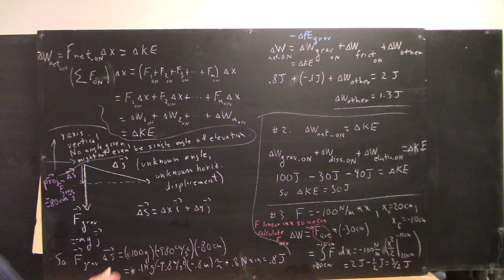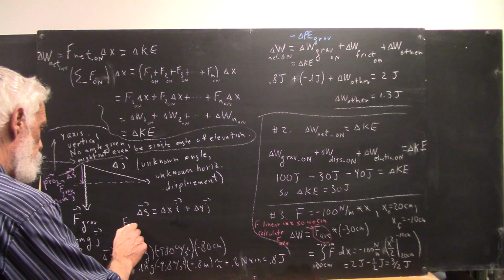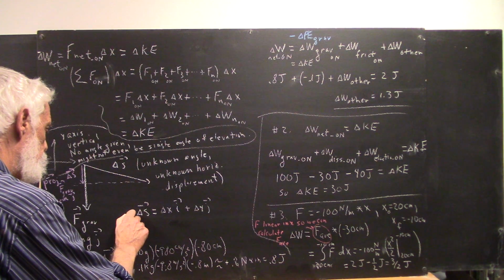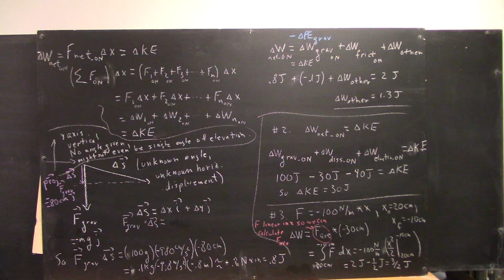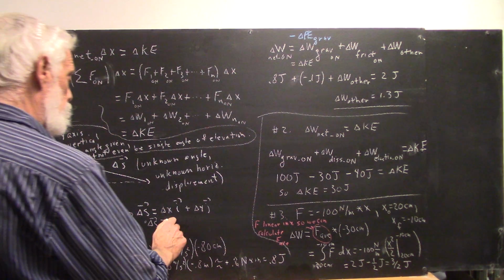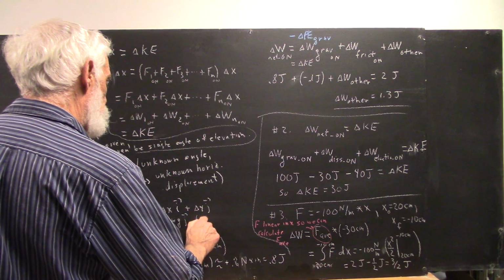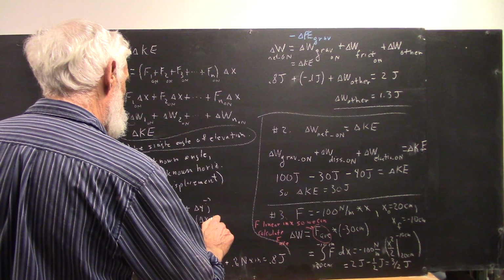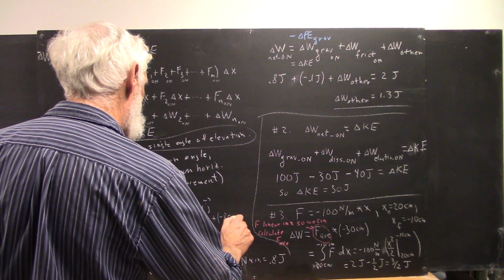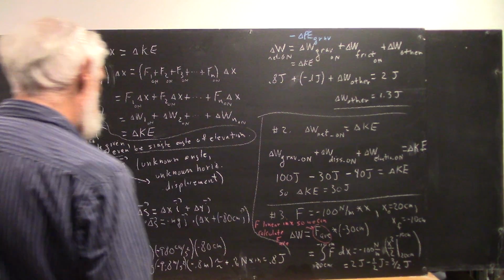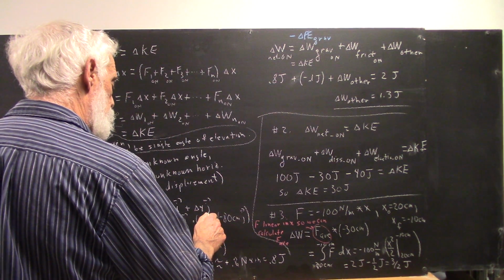If we take the gravitational force, negative mg j, dotted with delta x i plus delta y j, that's going to be negative mg j dotted with negative 80 centimeters times j, plus negative mg j dotted with delta x times i.